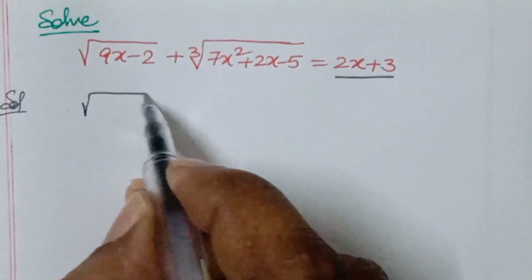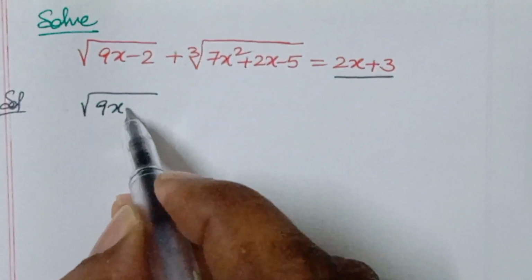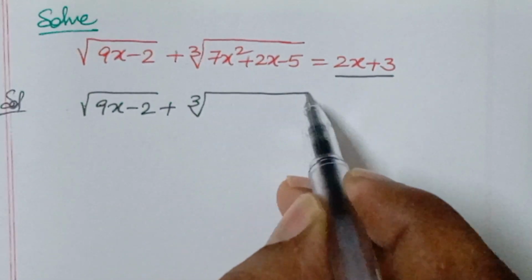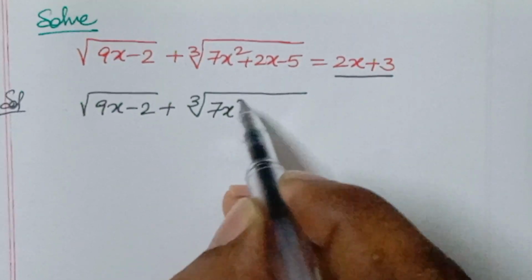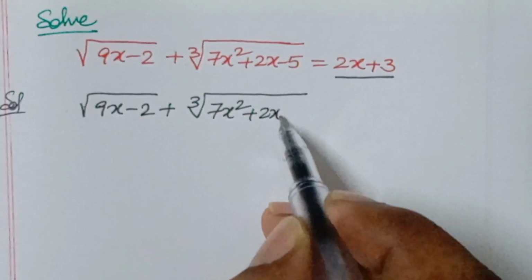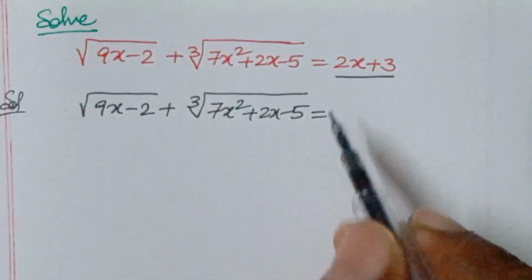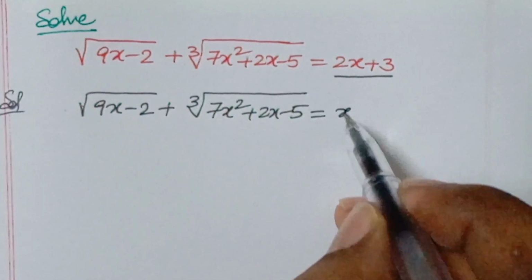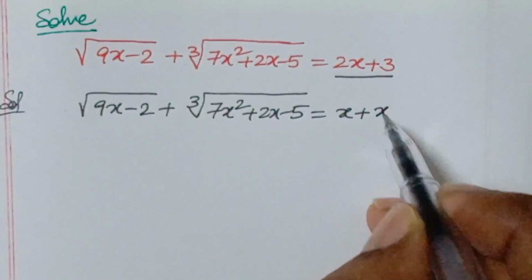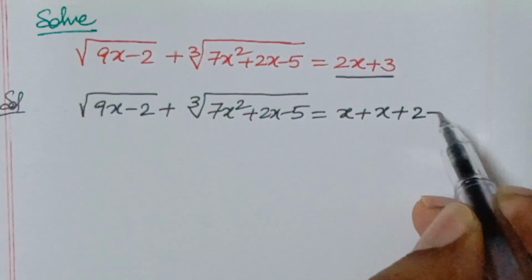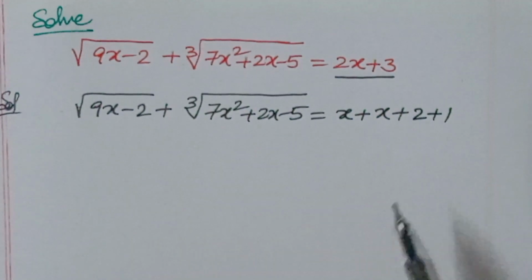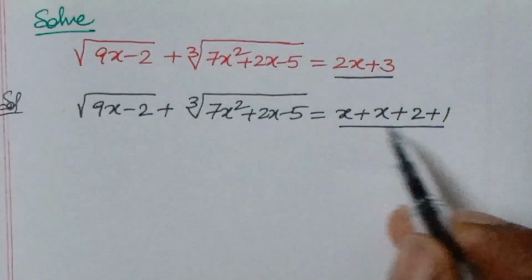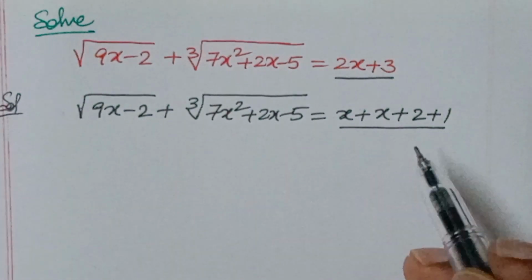So square root of 9x minus 2 plus cube root of 7x square plus 2x minus 5 is equal to, here I am writing it as x plus 2 plus x plus 1. So the splitting of the value of 2x plus 3, we are writing like this.